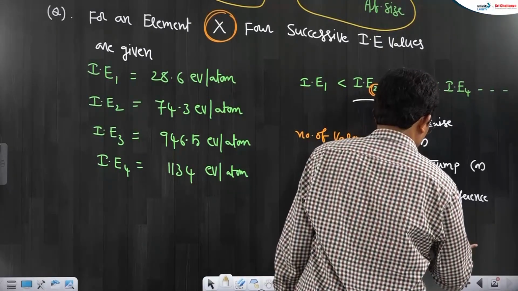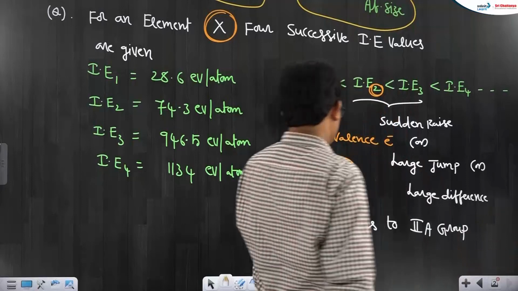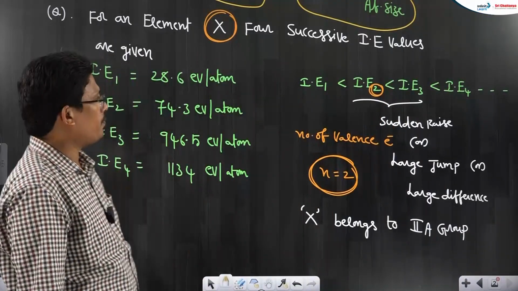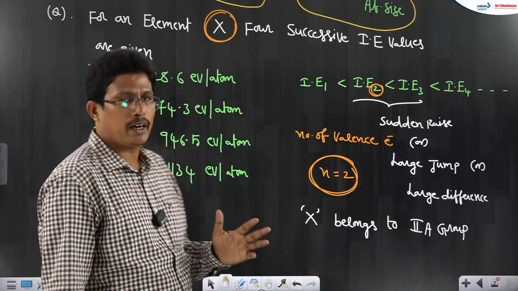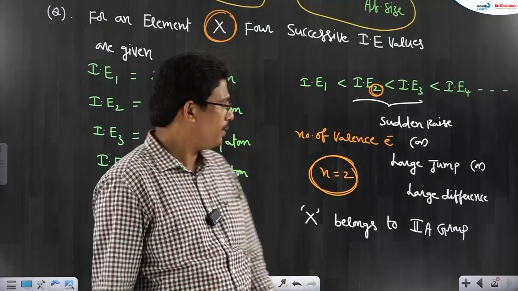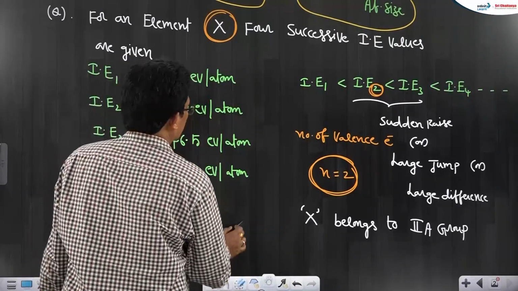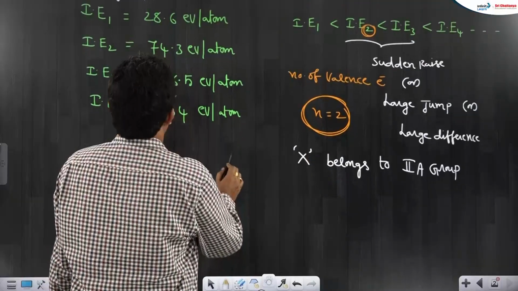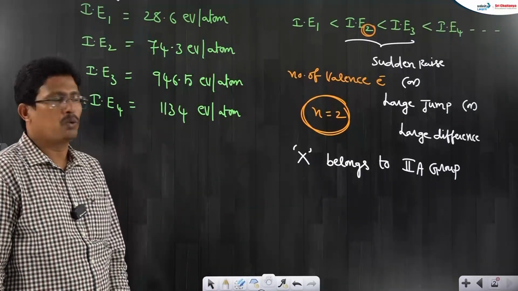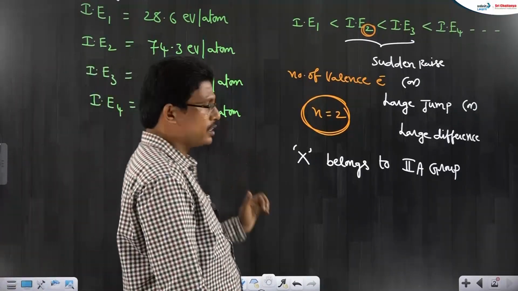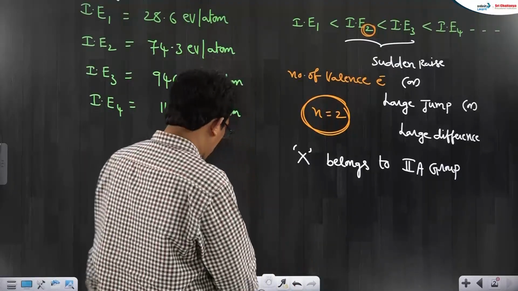After finding valency, group number, and number of valency electrons, we will write the formulas of different compounds.